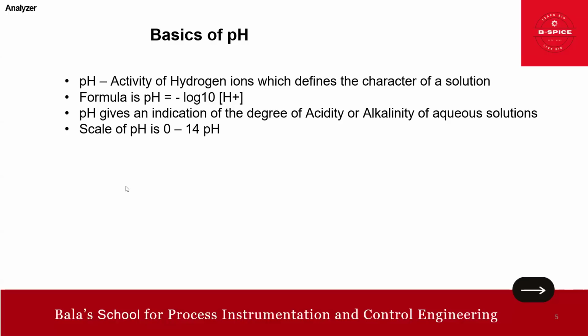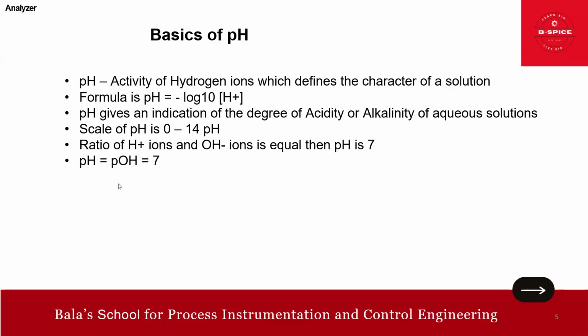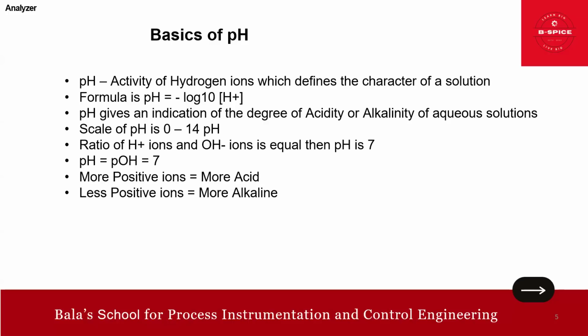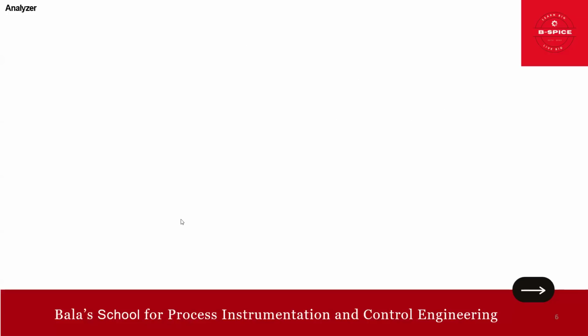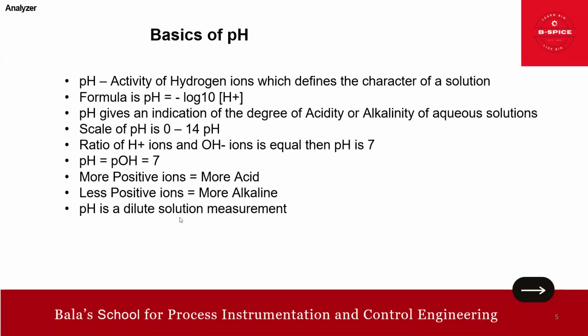The scale of pH is 0 to 14. When the ratio of H plus ions and OH minus ions is equal, then pH is 7, right? pH equals pOH equals 7. So more positive ions, more acid. Fewer positive ions, more alkaline. pH is a dilute solution measurement. I hope the basics are clear, right?